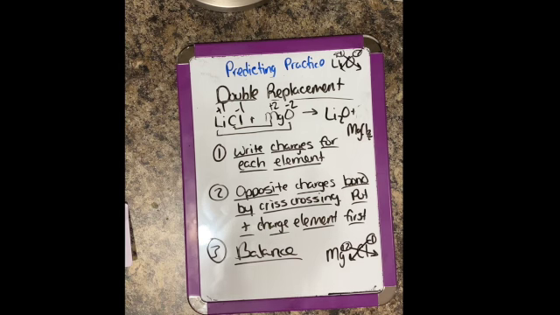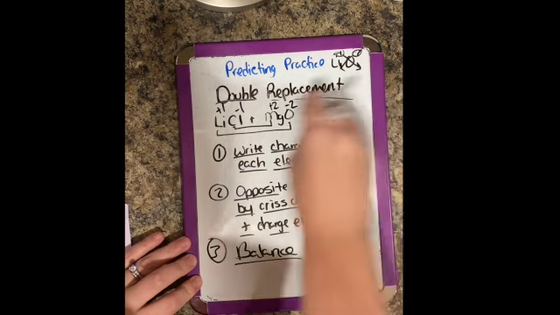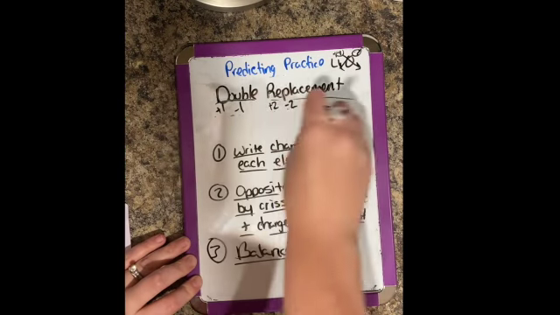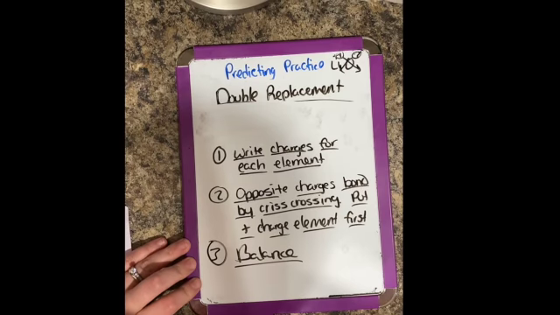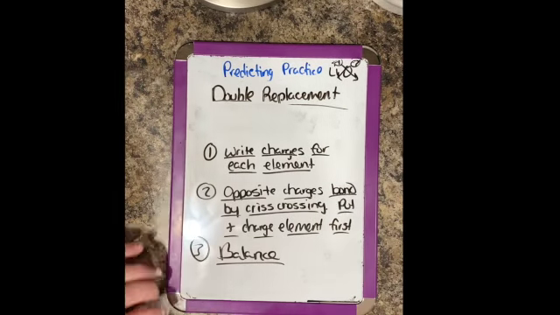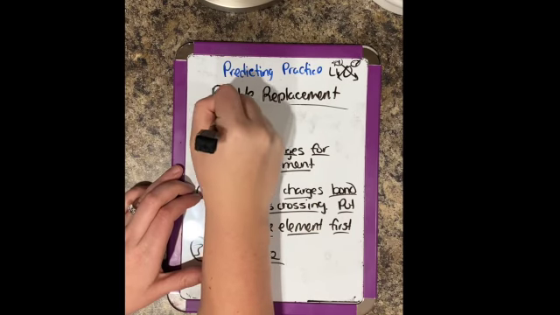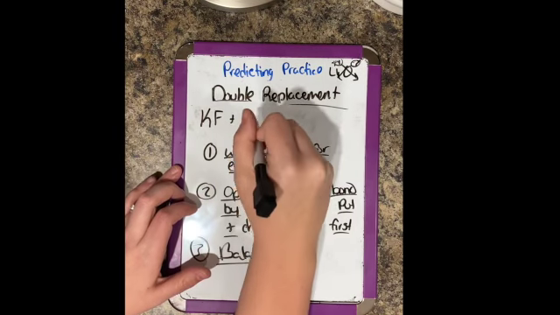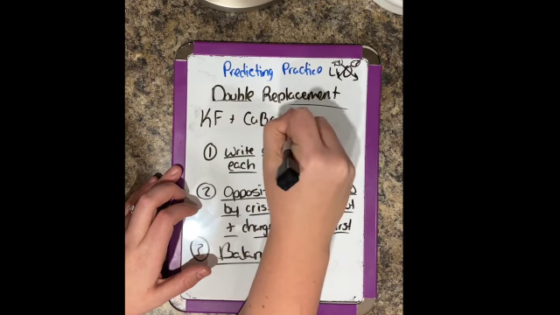All right, so now that we have the steps, let's do one more example together. Let's do KF plus CaBr2.